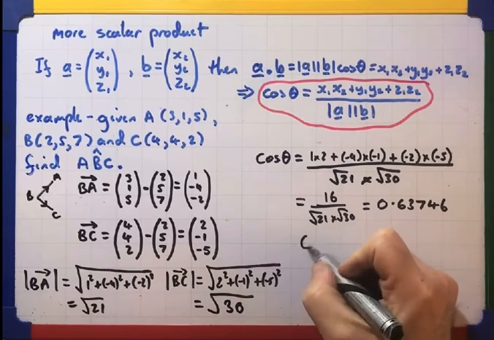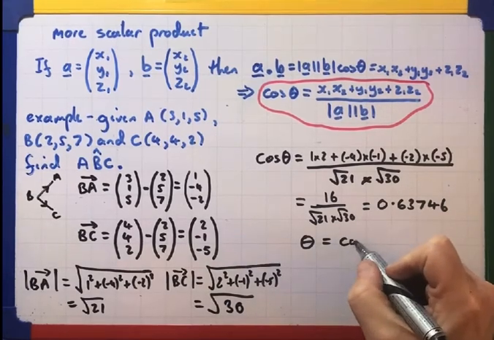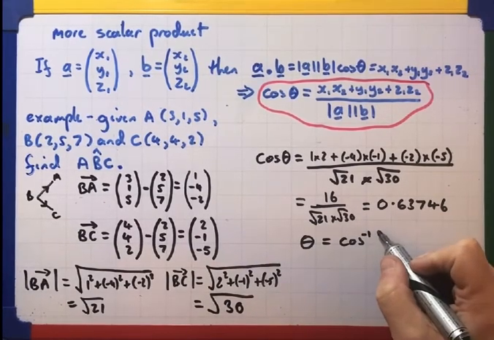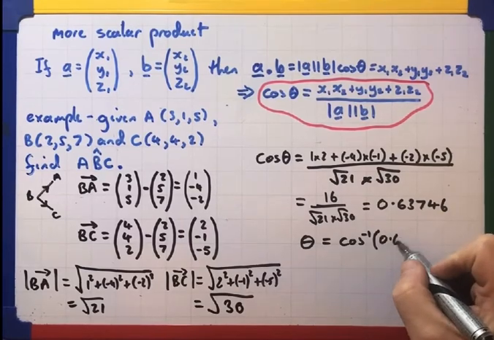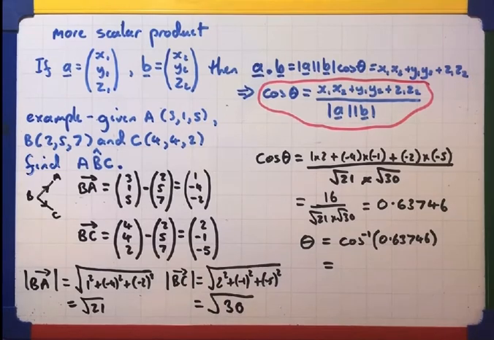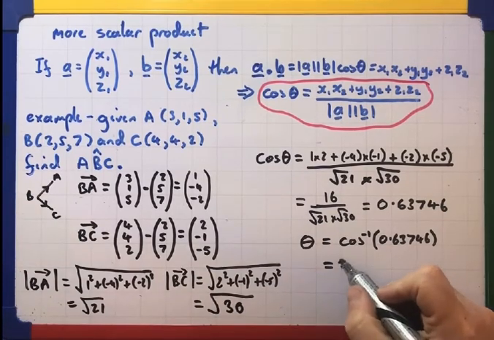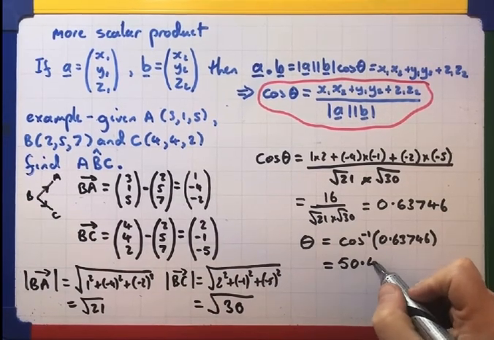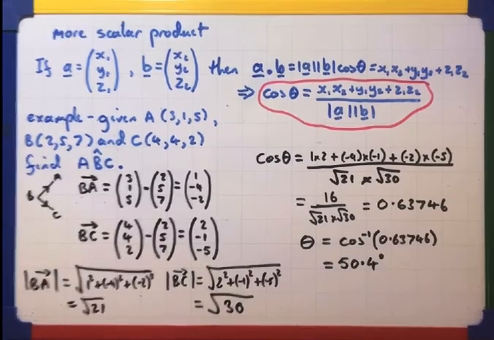So theta is going to be the inverse cos of that, which gives me 50.4 degrees, rounding to the nearest tenth. So that would be the angle between them.